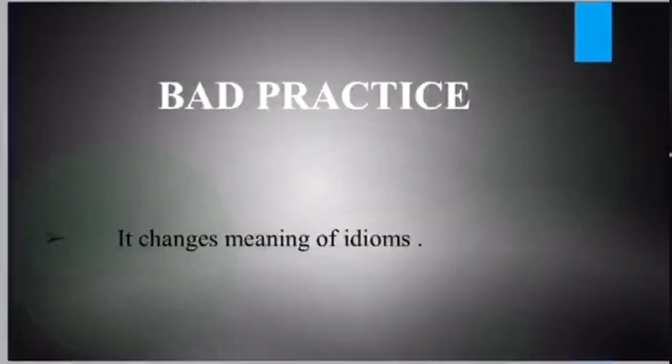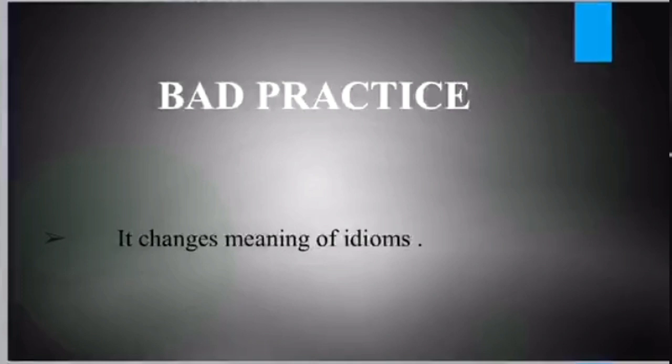Where is it a bad practice? While translating idioms, it's a bad practice because idioms give the sense of something else. Like we have an idiom, it's raining cats and dogs. If we apply word for word translation to this sentence, it's like kutte aur billiyan baras rahi hain. But in actual sense, it's like it's raining very heavily.